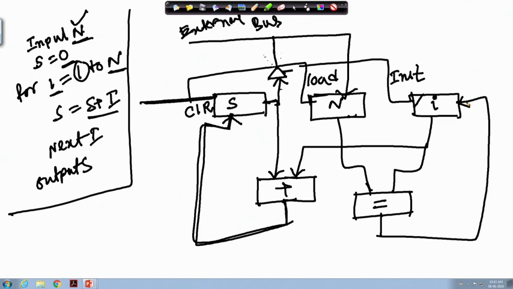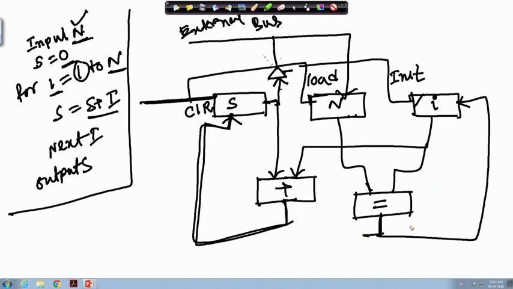Okay. So, whenever this value equals n, at that time this will come and this will again start from 1. And this particular signal is the terminating condition.